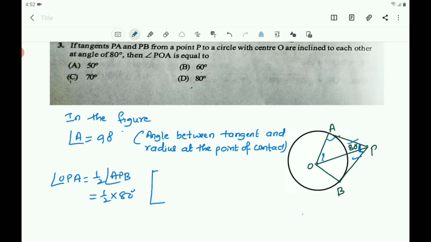So write: the center lies on the bisector of the angle between the two tangents.